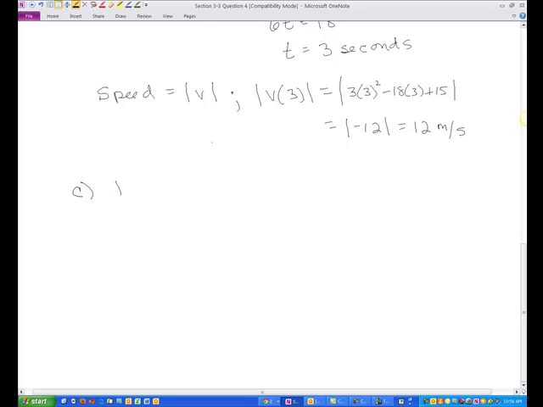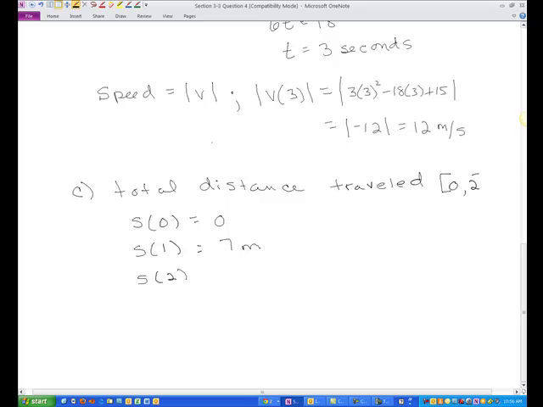On part C, total distance traveled, at s of 0, you were at 0. S of 1, which is an important point because at s of 1 the velocity is 0, you're at 7 meters. And then s of 2, and the reason I chose 2 is because they want to know the distance traveled on the interval from 0 to 2 seconds, we're back at 2 meters.